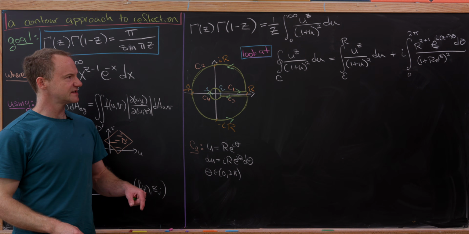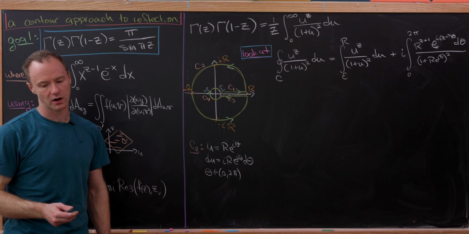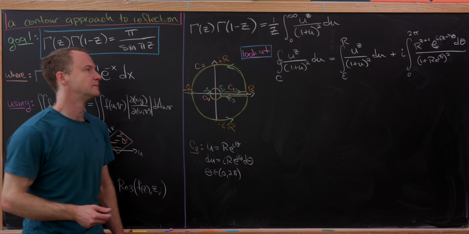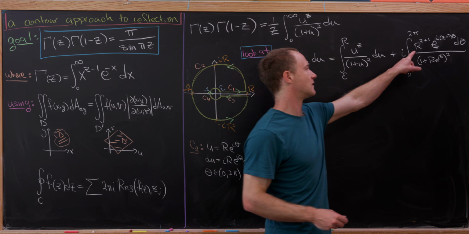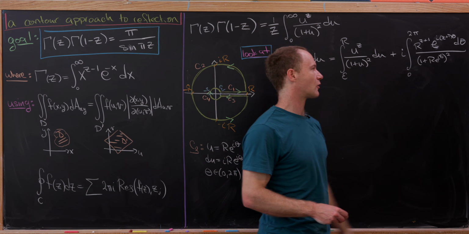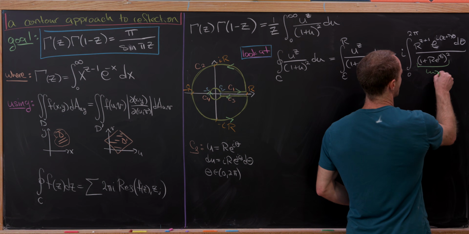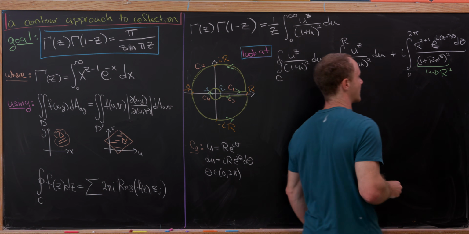Now this is the part where we're actually going to have to restrict the values of z that are helpful. That's because we want the power of r in the numerator to be less than the power of r in the denominator. Notice the denominator is growing like r squared.